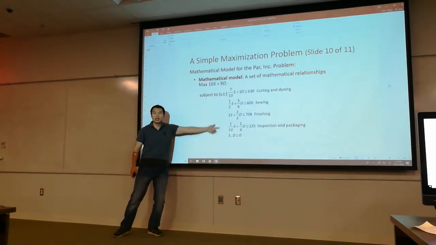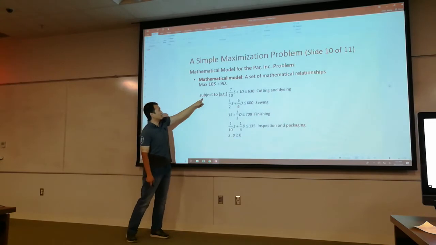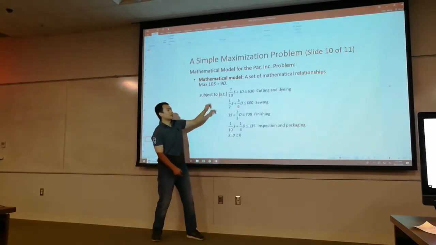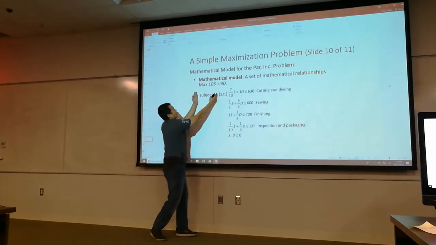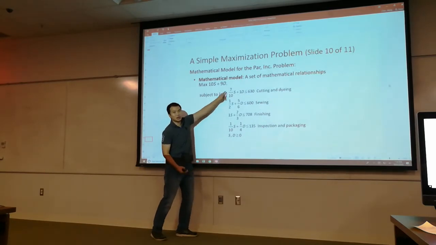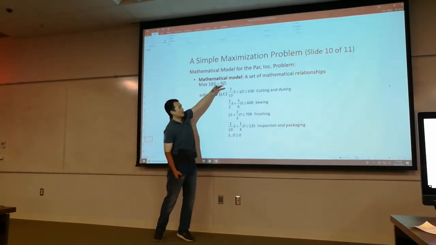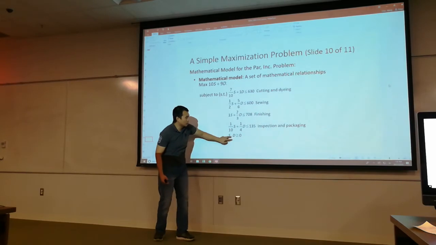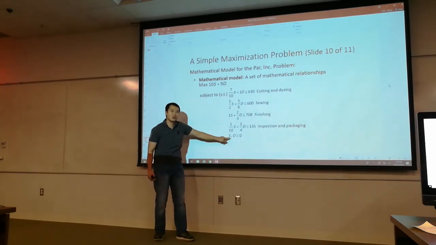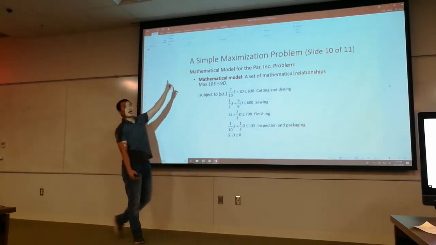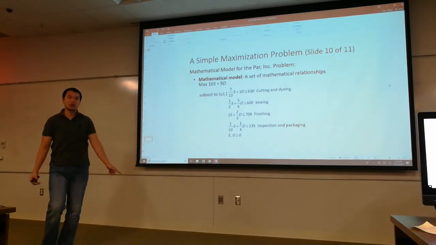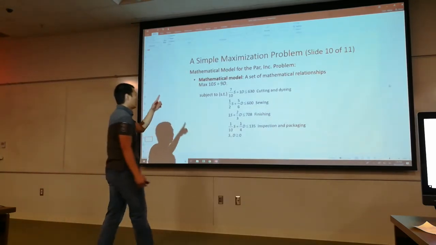Then you write down your constraints, subject to. Sometimes I use subject to, or sometimes I use ST. So lay out all your constraints, including the non-negativity constraints for the same variable. Then that's the whole optimization model.